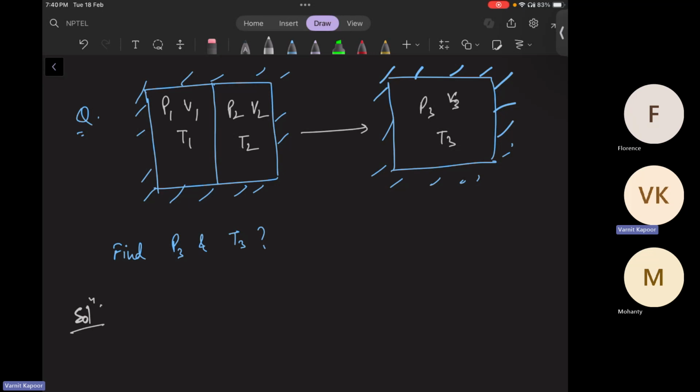Okay, so we'll consider that this is a free expansion. My mistake. Though vacuum is not there, expansion is happening in a free expansion way. Let me rectify. It's a free expansion. Now you will do. Thanks for pointing out in the chat.